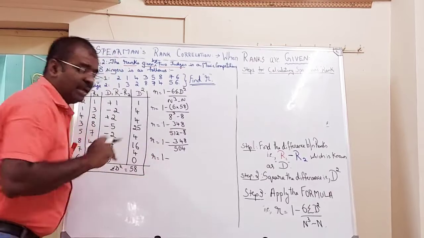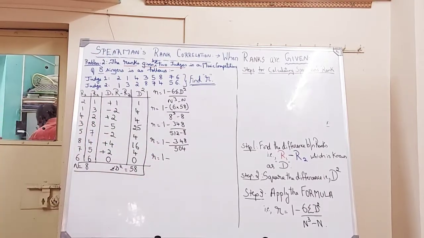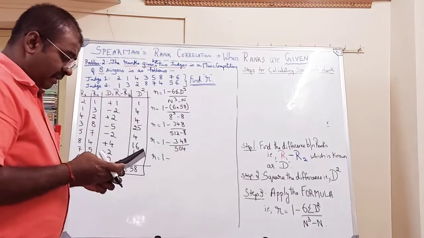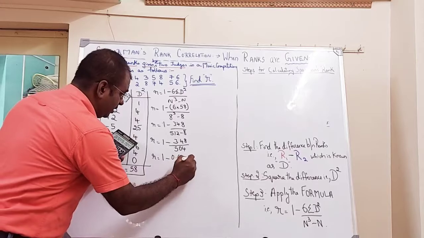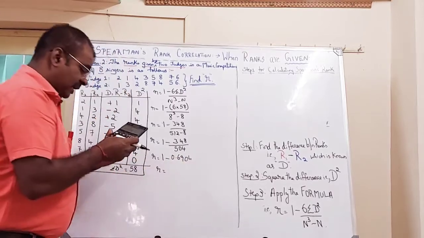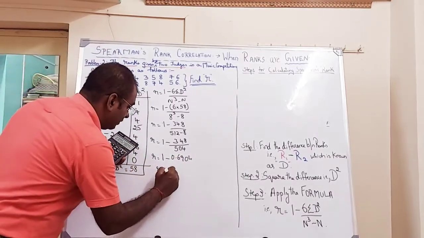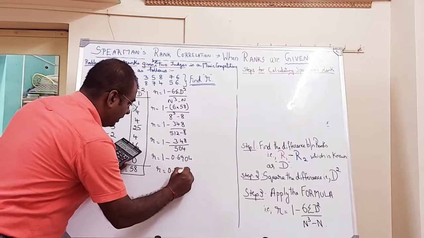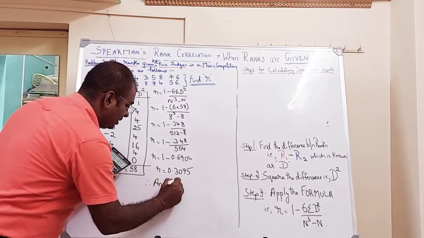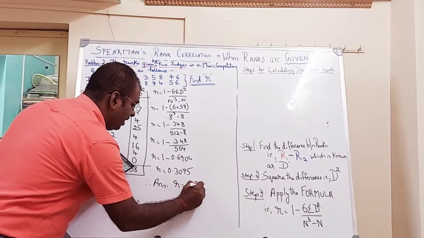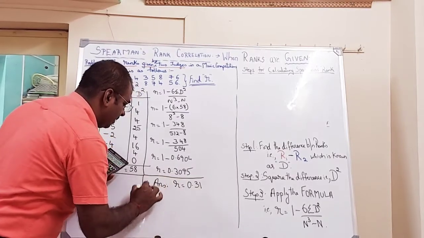R is equal to 1 minus 348 divided by 504. 348 divided by 504 is 0.6904. Therefore, R is equal to 1 minus that, which is 0.3095. So we can write the answer: the correlation is equal to 0.31.